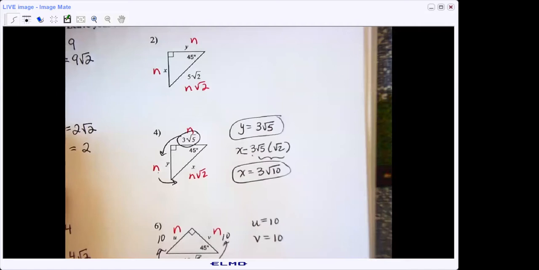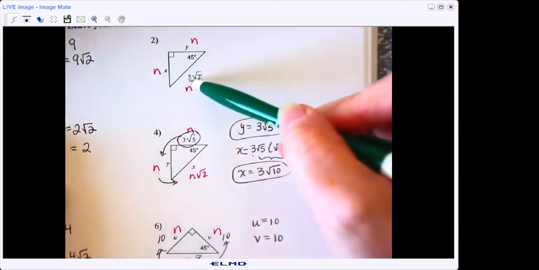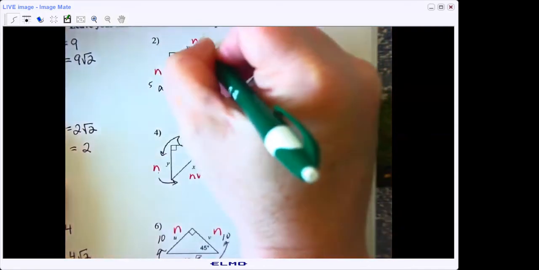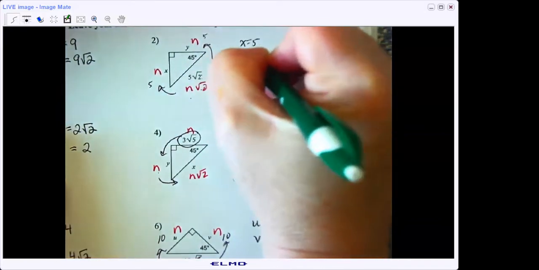So what do you get for x and y? 5. Yeah, 5. Good. Anybody get a different answer? The answer is 5. Because again, these root 2's tell me that all I need to do is select the number next to it for n. So that becomes 5 and 5. So x equals 5, y equals 5. And you're done.